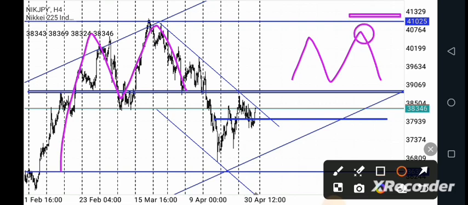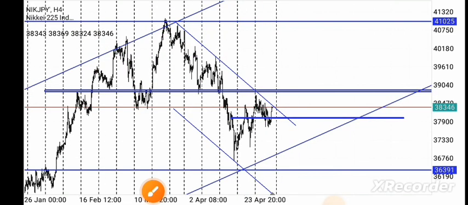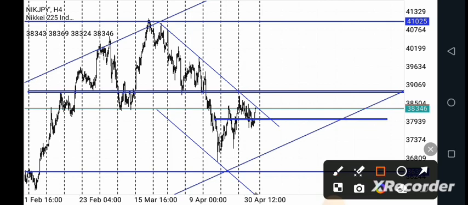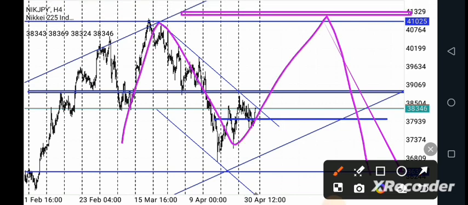Which means that people sold here and placed their stop losses just above, which means that we have a lot of liquidity stuck at that level, and it would make sense for the market to actually disregard this structure by moving all the way up to trigger all of those stop losses, and then only, once reaching this point, moving further down to give us a huge double top. I hope you guys can see that. And again, I'm just speculating, but it is a possibility, and we just need to be careful.